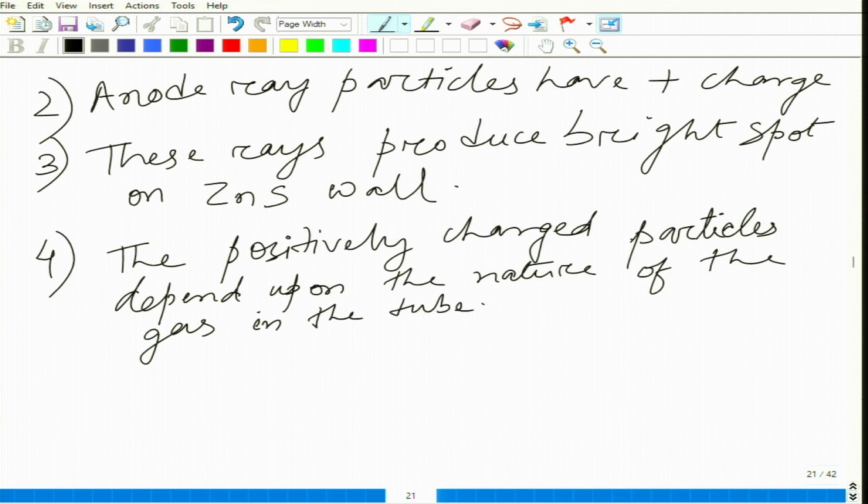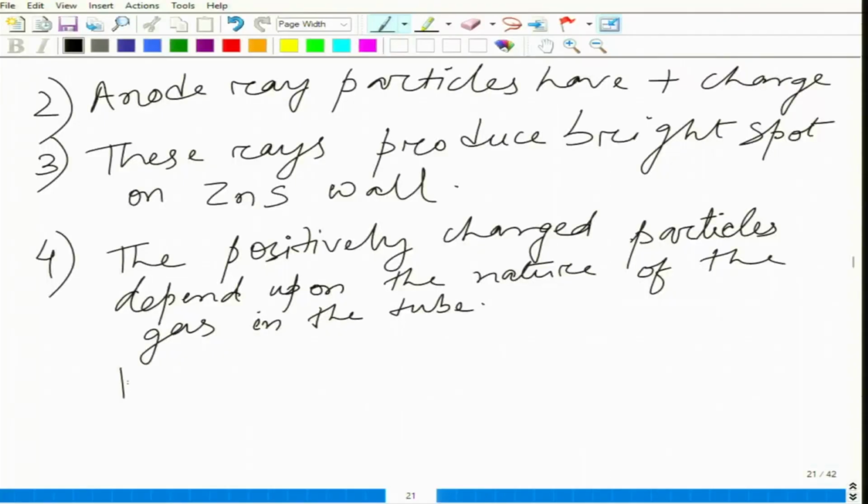So, in the anode ray experiment, the observations, that is the effect on the zinc sulfide wall, were different for different types of gases. That is, their results depend upon the nature of the gas that was present in the tube.